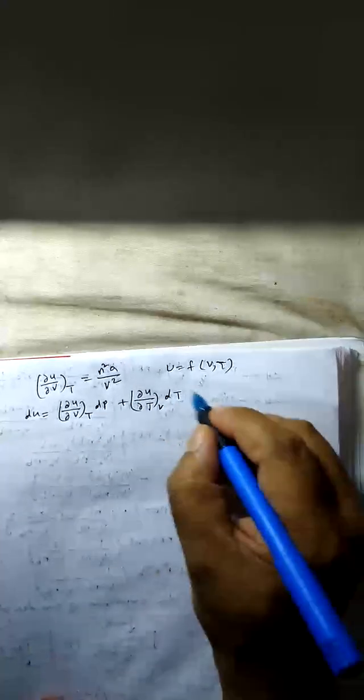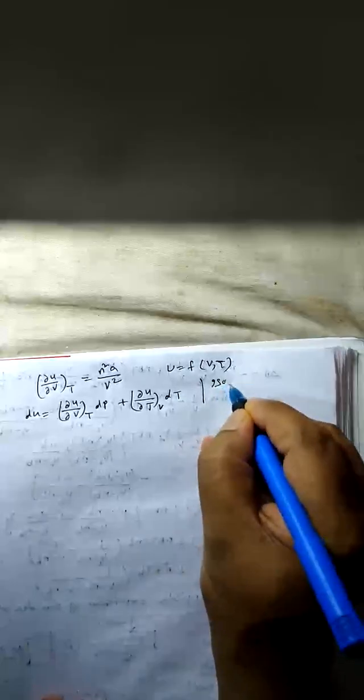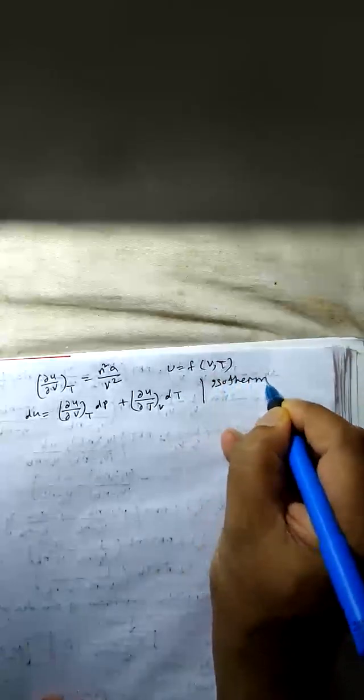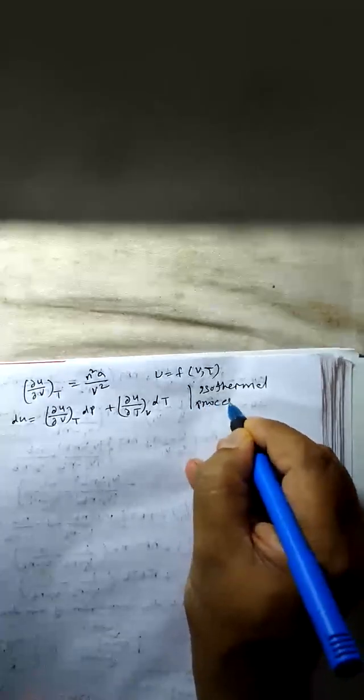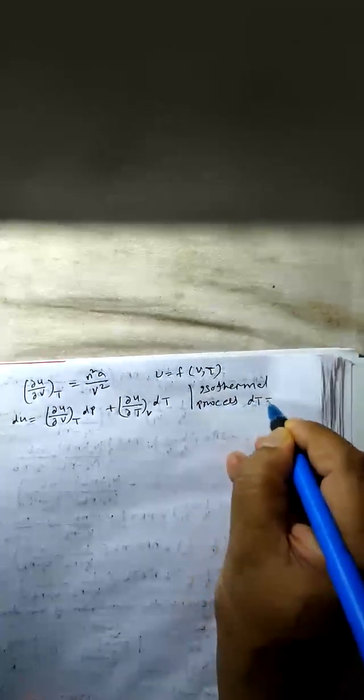In case of isothermal process, dT is equal to 0 because temperature is constant. dT is equal to 0 means this one is equal to 0. 0 multiplied with this entire thing will be 0. We get only this one.